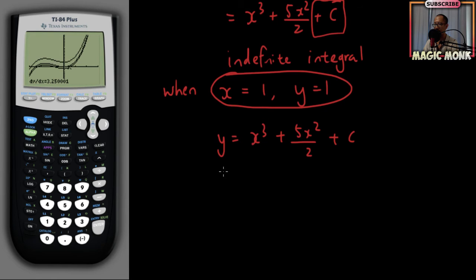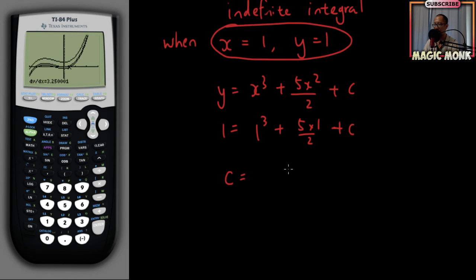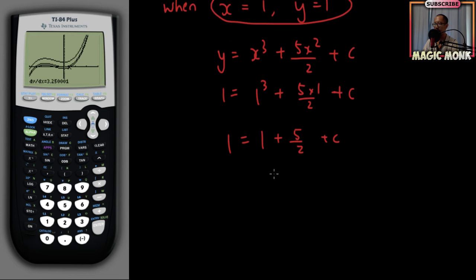So when y is equal to 1, x is equal to 1. So 1 equals 1 cubed, which is 1, plus 5 times 1 squared divided by 2, which is just 5 over 2, plus c. So c is therefore equal to 1 minus 5 over 2.